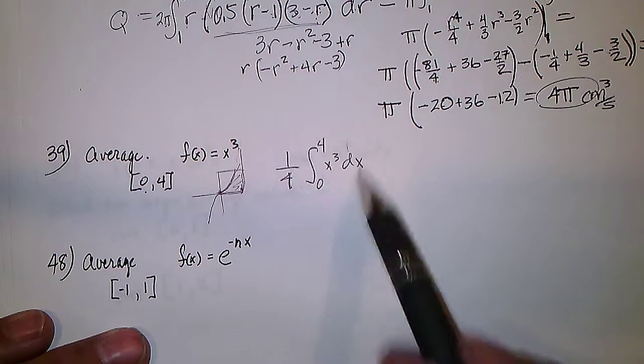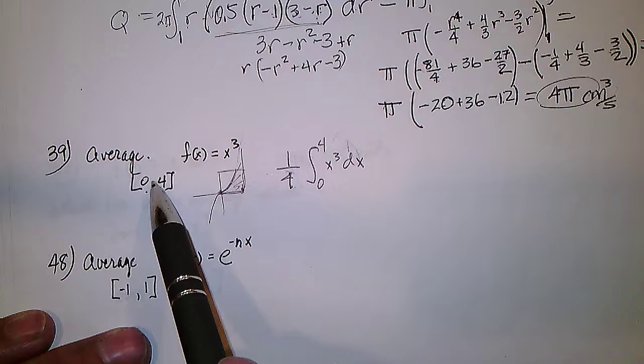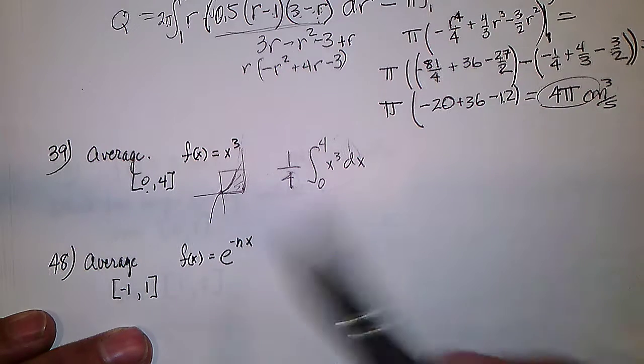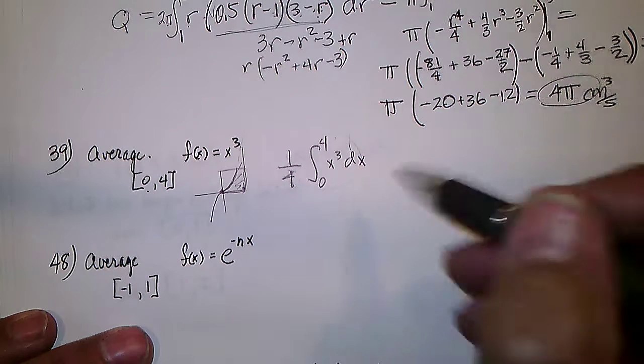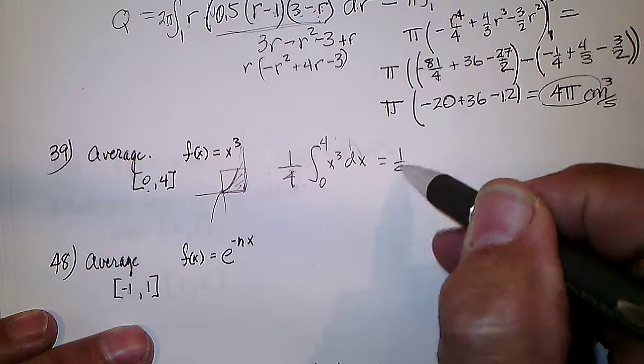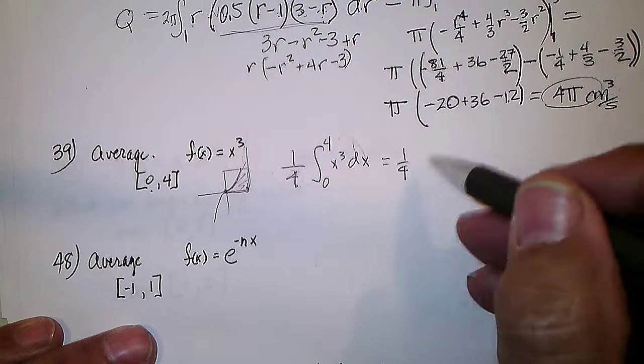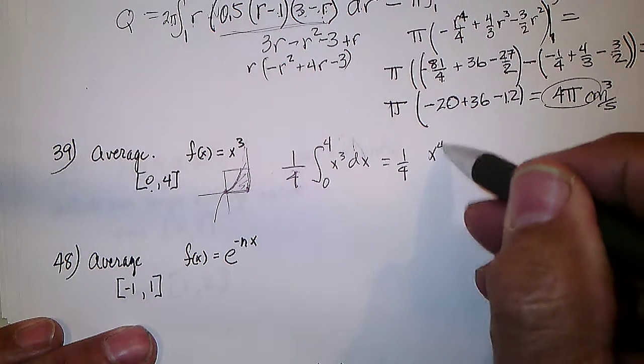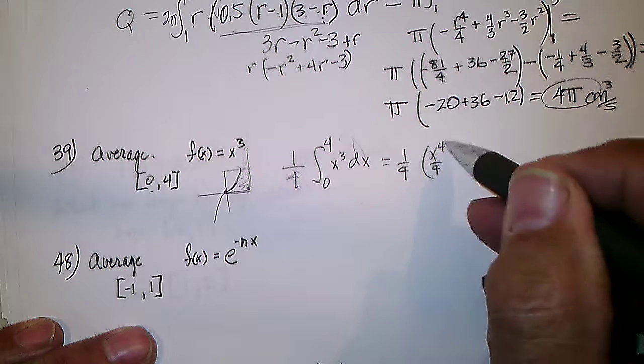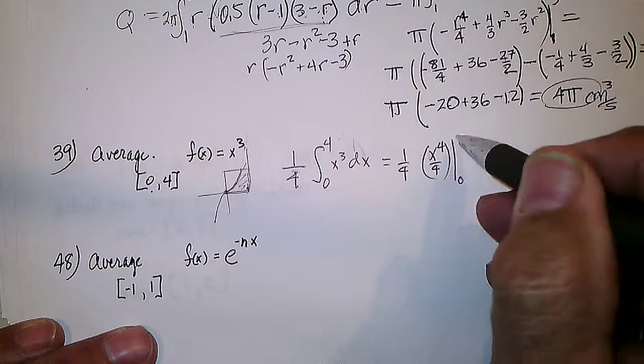You take the area divided by the width and you get the height. So this is 1/4 x to the fourth over 4, evaluated from 0 to 4.